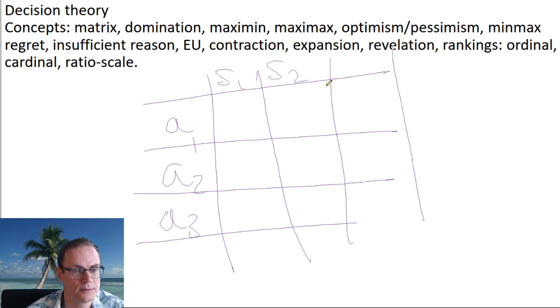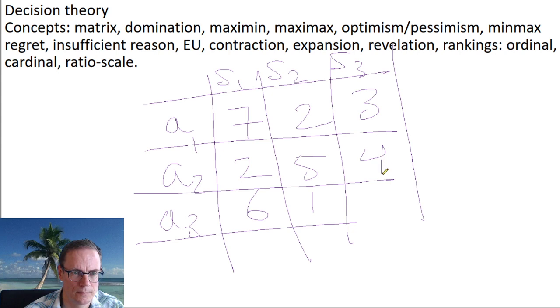And in some cases, the agent who has to make the choice knows something about the probability of the different states, but sometimes the agent doesn't know that. We looked at some decision procedures, different strategies for choosing rationally.